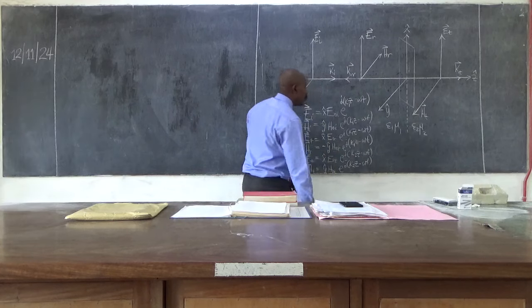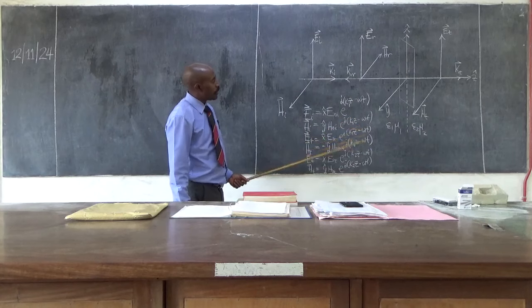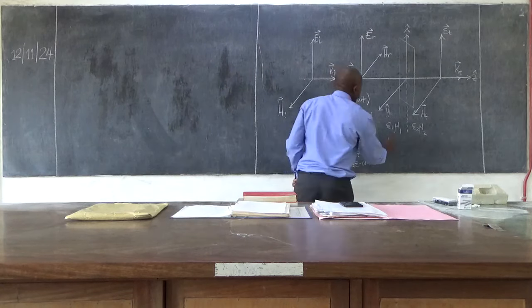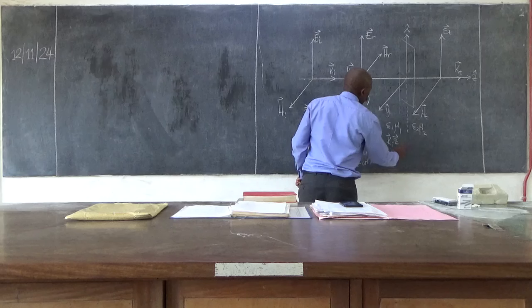If you want to keep it in a vector form, you will be having the k1 dot z and k2 dot z.